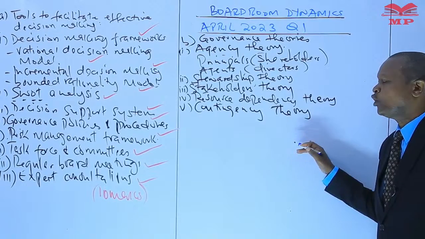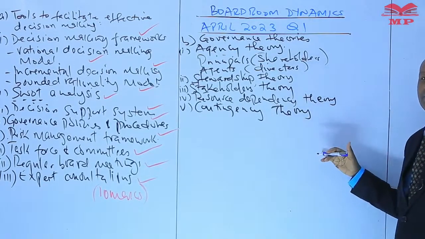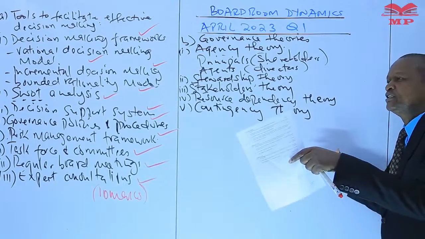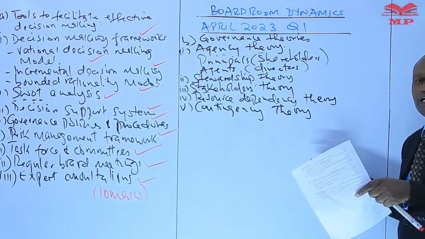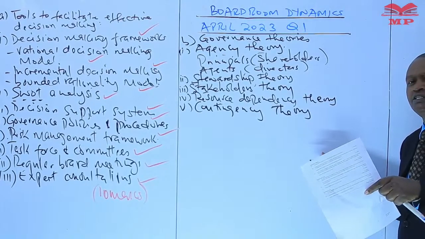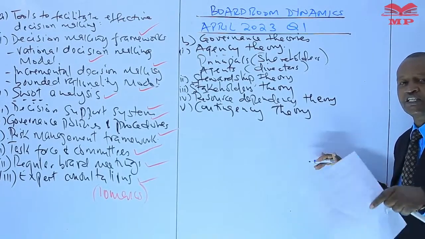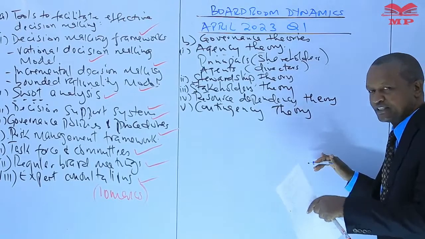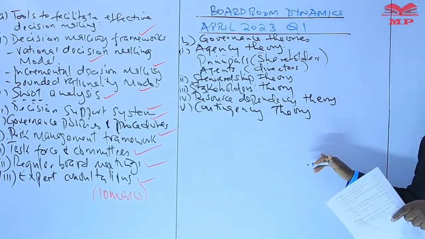You understand? Contingency theory. There is no one-size-fits-all approach to governance, and the most effective governance structure depends on what? On specific circumstances of the organization.